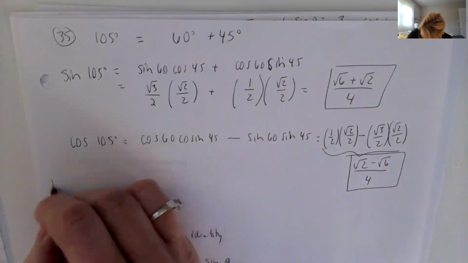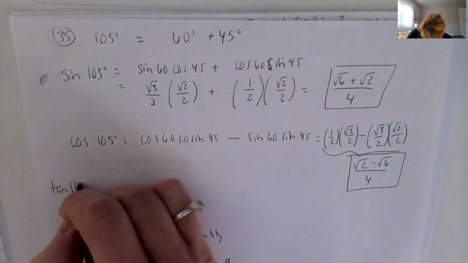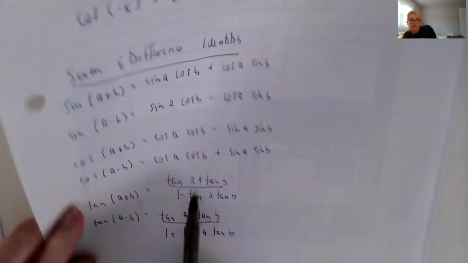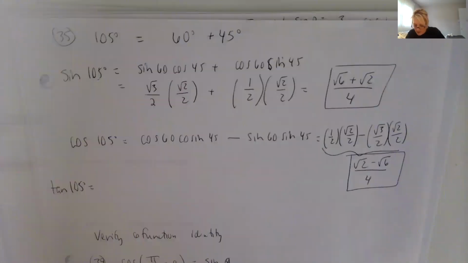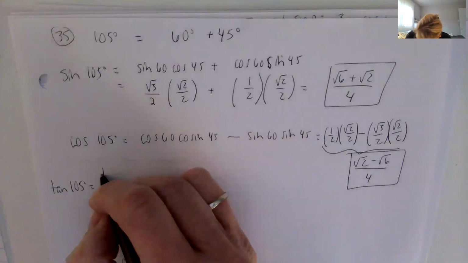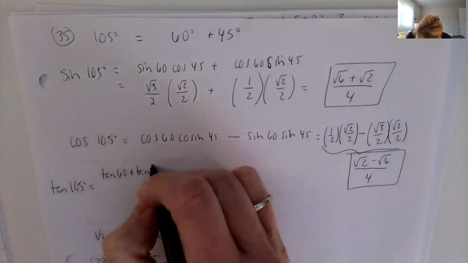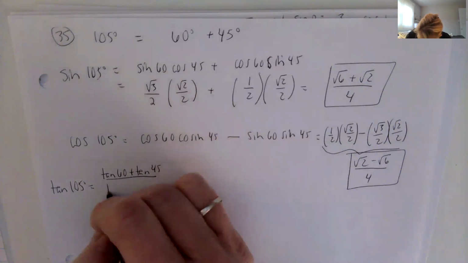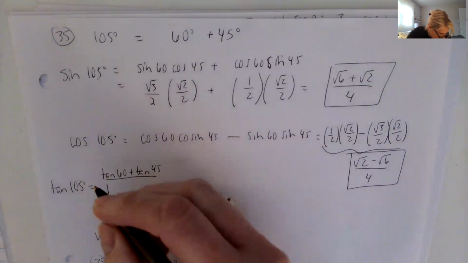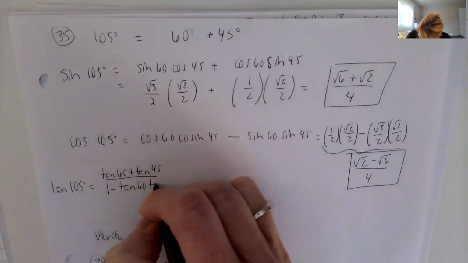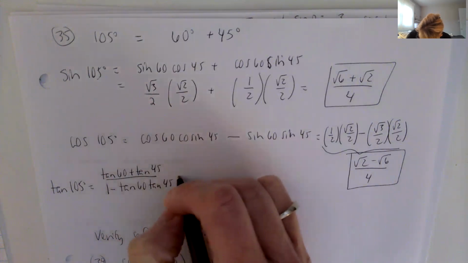And then the tangent of 105 is this quirky formula that we've been working with here. So the tangent of A plus the tangent of B, the tangent of 60 plus tangent of 45 over 1 minus the tangent of 60 times the tangent of 45.